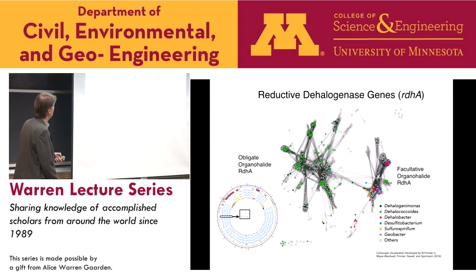I want to turn the page now and talk again about these reductive dehalogenases. We know, on a global level, we have two classes of reductive dehalogenases. These are the ones that we have been studying in Dehalococcoides, and these are the ones from which we have the crystal structure, and these are found in the class 1 type of organism.